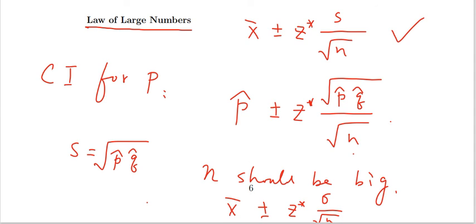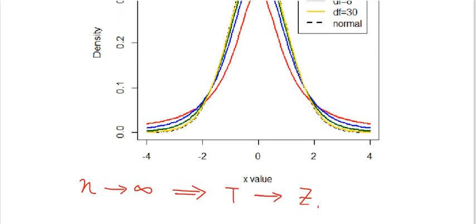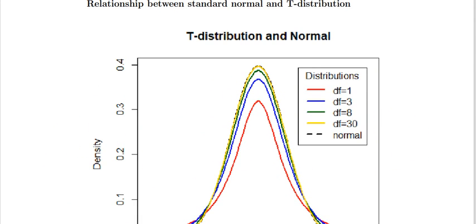But if the sample size is quite big, then we can still use this Z star, just like the confidence interval for proportion. Okay. So this is today's topic. Those materials should be easy, right? Okay, so we can stop here.